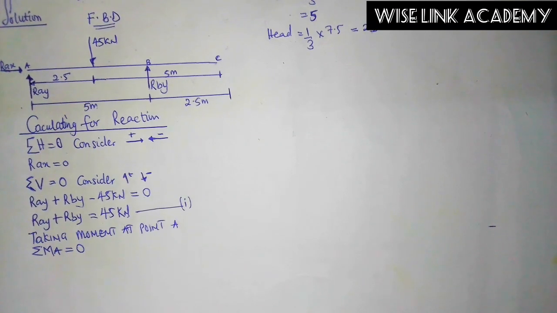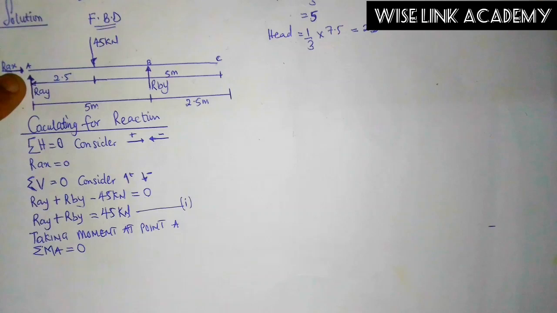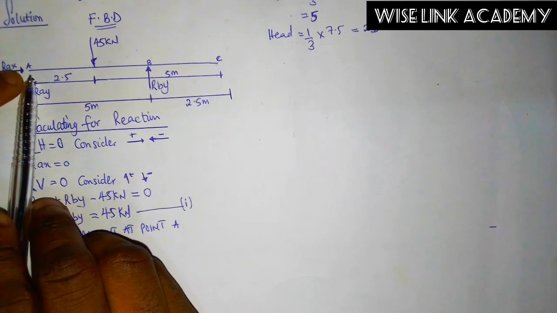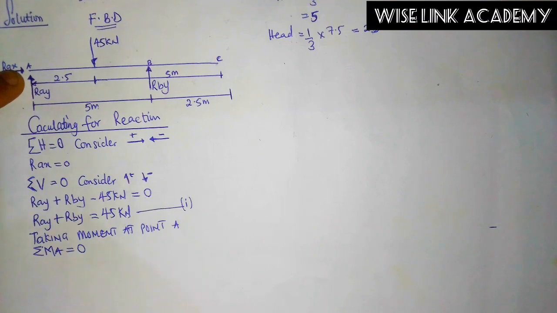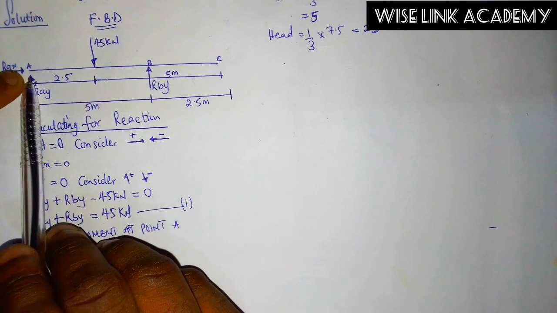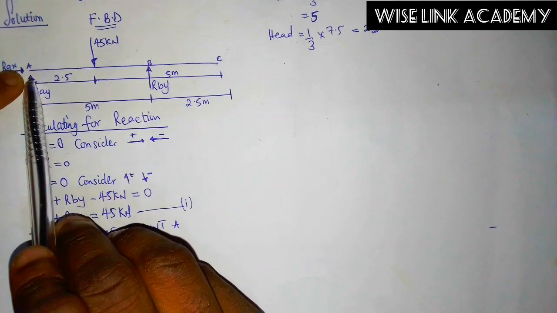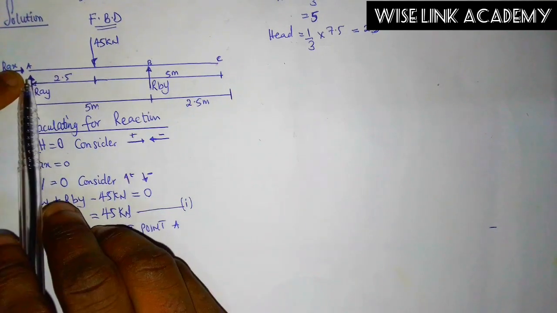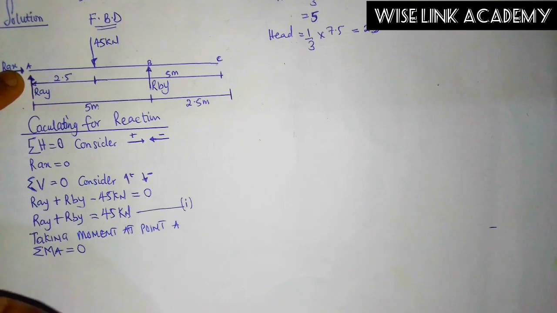Like I said earlier, anywhere taking moment will be 0. It simply means, for instance, if they are fighting at point A, all this reaction you are seeing here, you want to look at what is happening at point A. But point A is automatically 0, because we take moment at point A, isn't it?